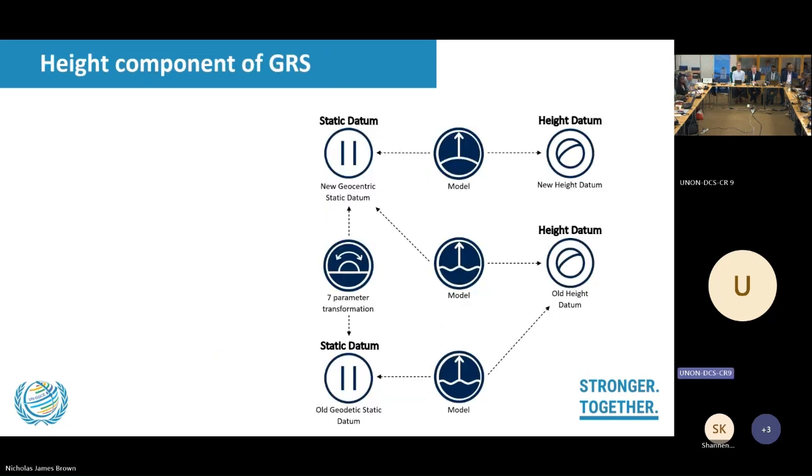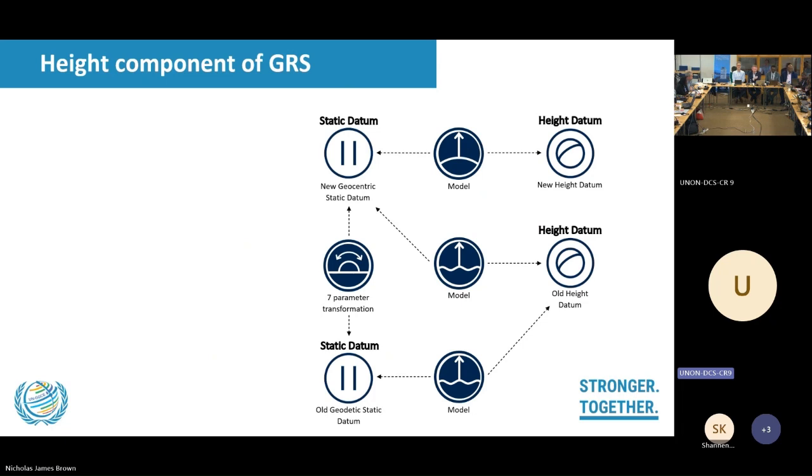And we'll come to the height component on Wednesday, a bit later in the week, but looking at what a current modern height datum looks like, and how can we develop geoid models or height datum models to move between the geometric frame, which is your static datum, and the physical height datum, which is based on how water will flow over a surface, and that's not always the same as what you'll get with GPS observations.